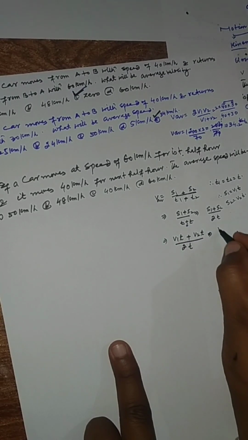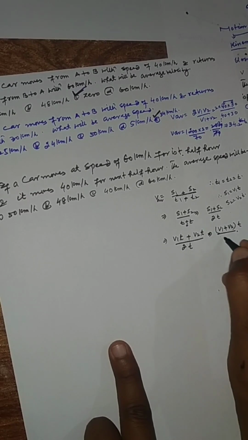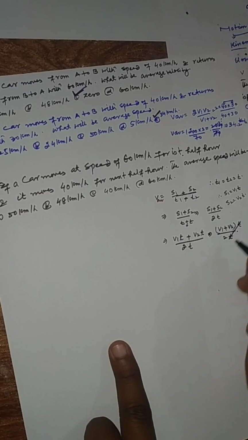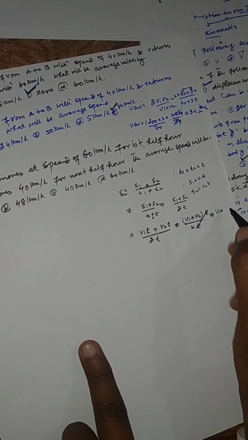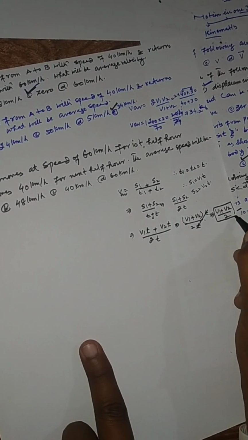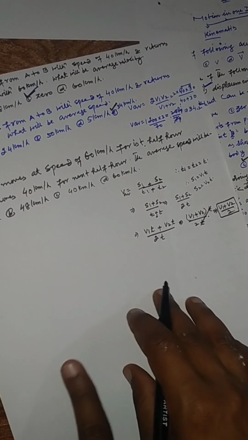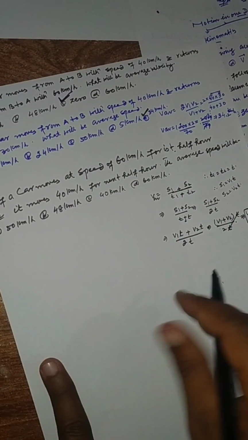By taking t common, v1 plus v2 into t over 2t. This t gets cancelled. So the average speed will be v1 plus v2 over 2. This is the average speed when time is taken constant.